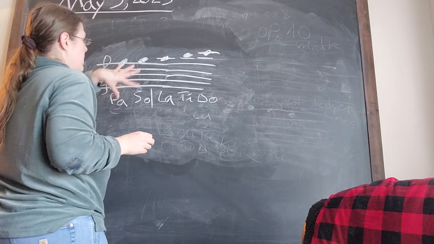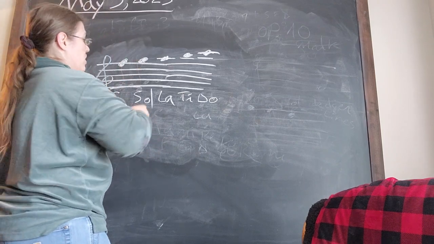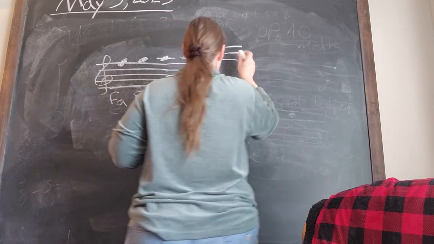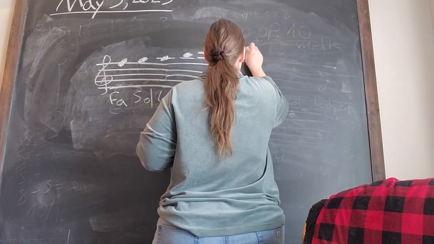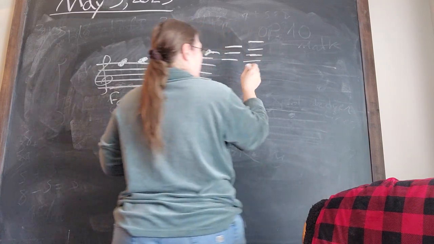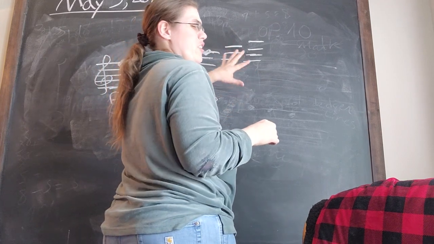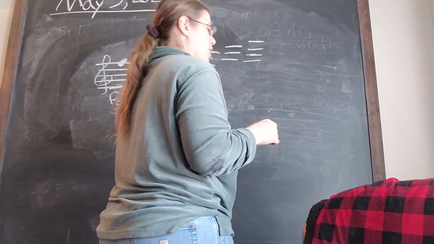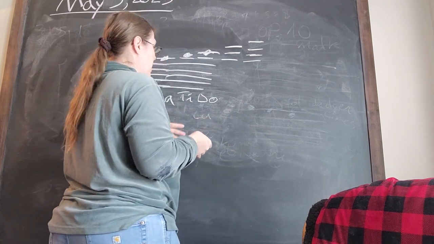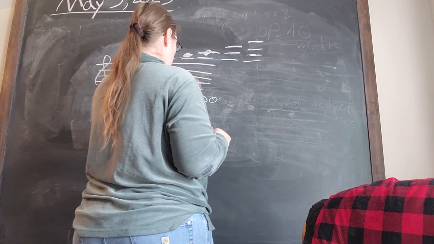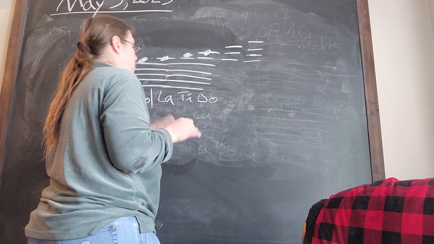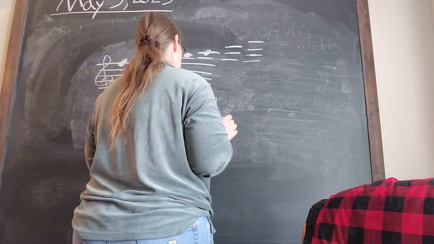So again, it could continue. You could just continue to add ledger lines. Eventually it does get to a point where it just gets really difficult for the eye to read. So there are other means of indicating higher notes, but still writing it on the staff. We're not going to cover those right now, but they do exist.